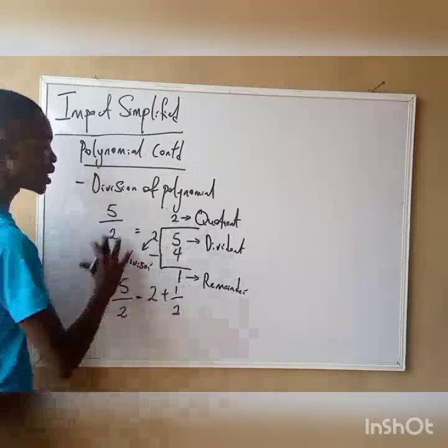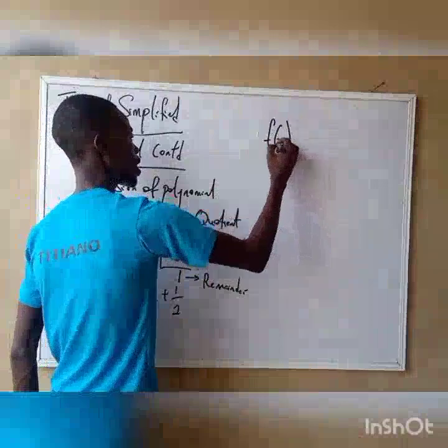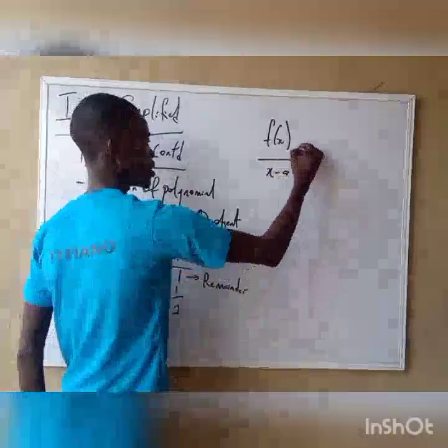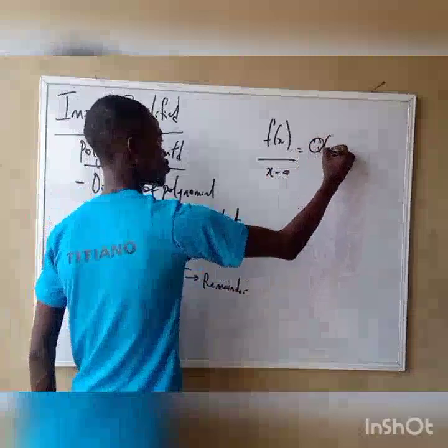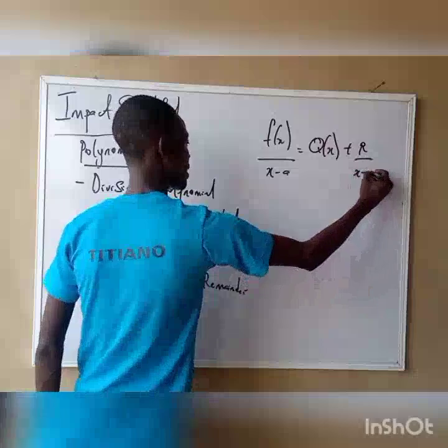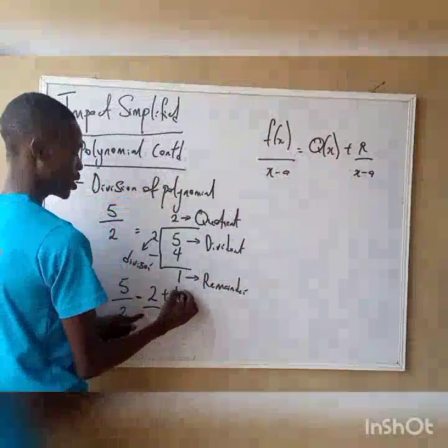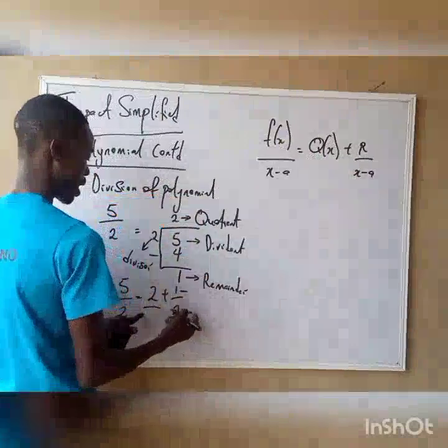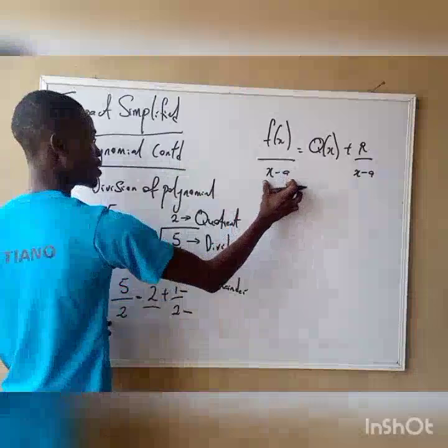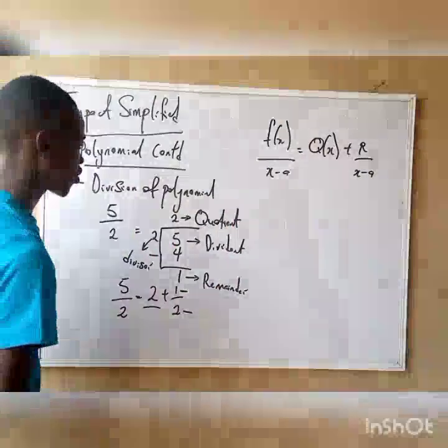From this we can change it to a polynomial equation to have a function of x divided by x minus a, and that will give us the quotient of x plus the remainder over the divisor. For instance, 2 whole number is the quotient of x, this 1 is the remainder, and this 2 is the divisor. And the divisor here is x minus a. And that is how we do division of polynomial.